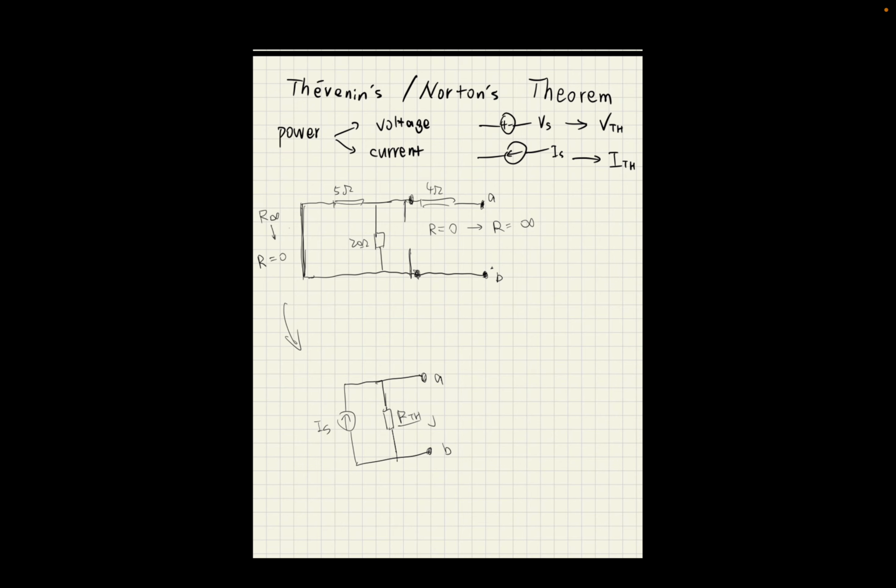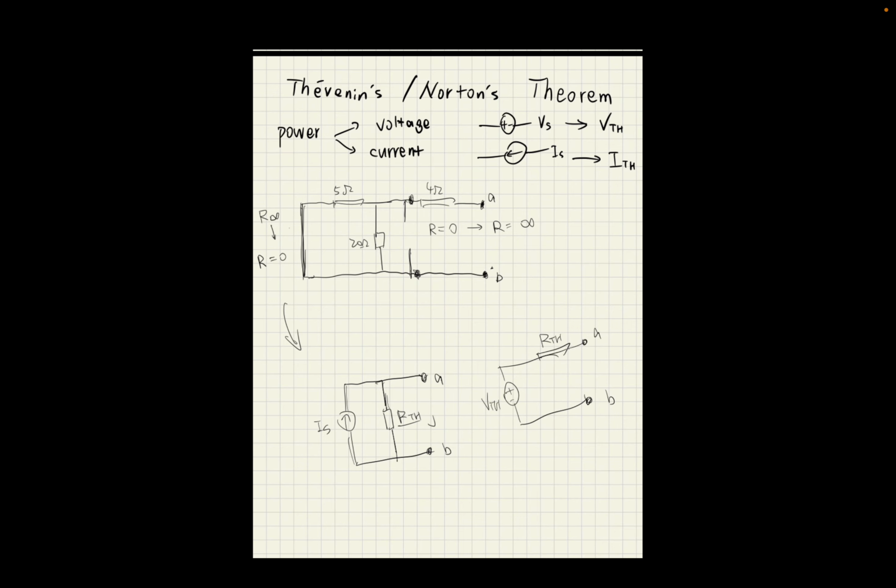Now, the difference is this RTH in the Norton theorem is placed differently from the RTH in the Thevenin theorem, because you'll see point A, point B, point A, point B. This one is in parallel with the current source, and this one is in series with VTH.